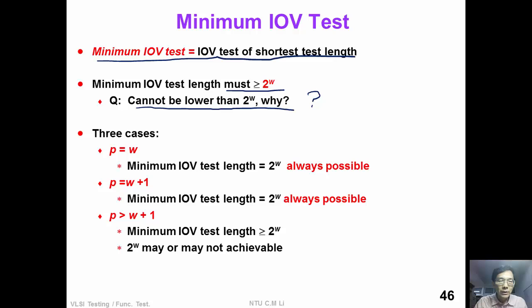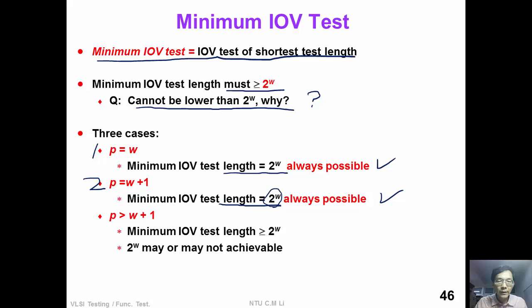There are 3 possible cases. In case 1, where P is equal to W, the minimum IOV test length must be 2 to the power of W. This is always true. In the second case, when P is equal to W plus 1, the minimum IOV test length is also 2 to the power of W. This is also true.